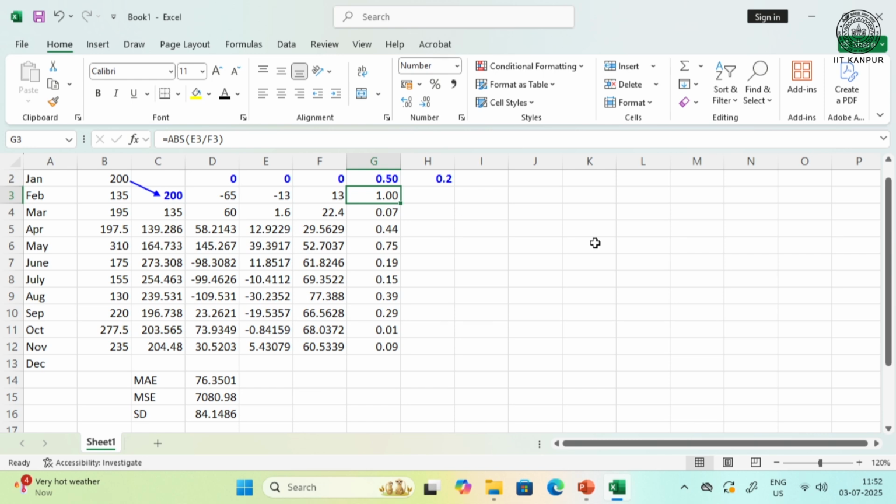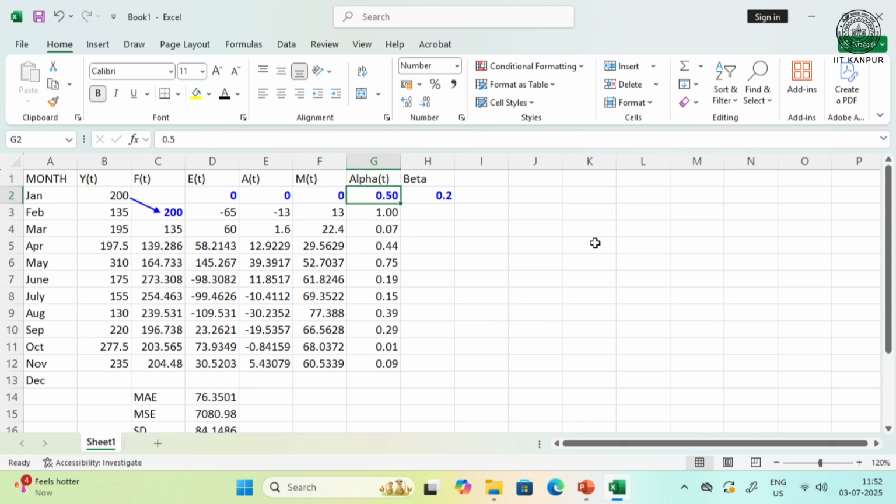They should be changing, but okay, I need to consider this value first. I will keep it 0.2 and change this to 0.5.